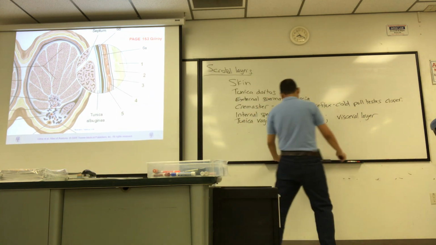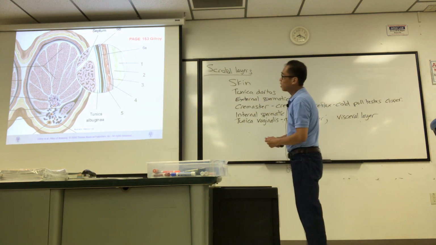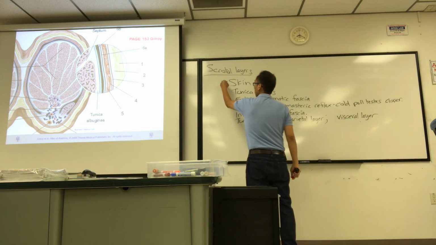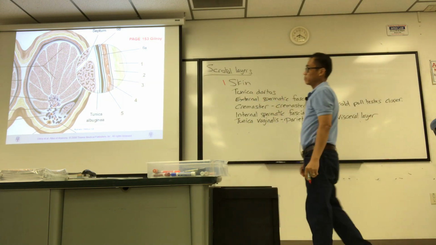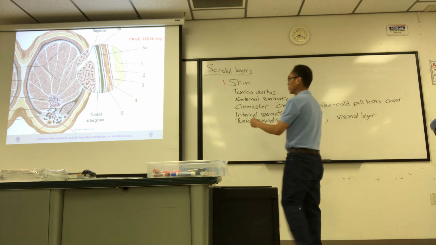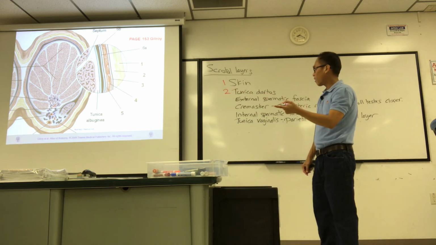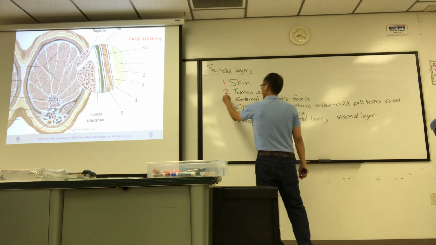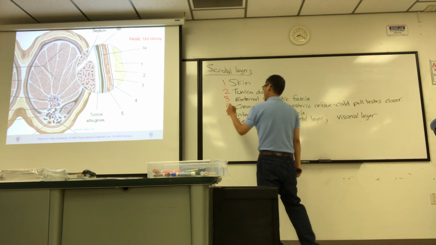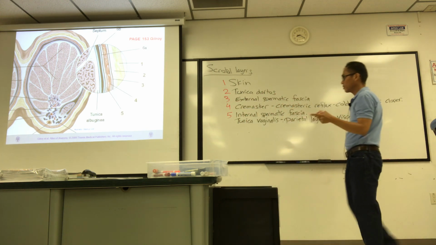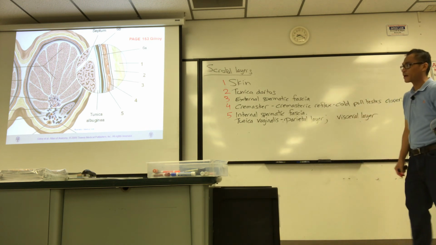The skin is number 1. The tunica dartos is number 2. And then 3, 4, and 5 are our external spermatic fascia, the cremaster, the internal spermatic fascia.